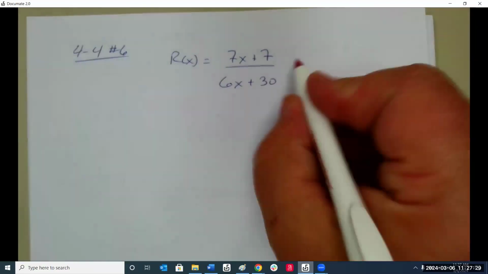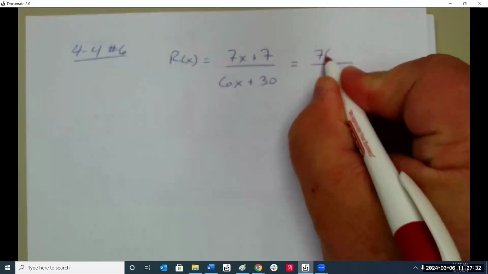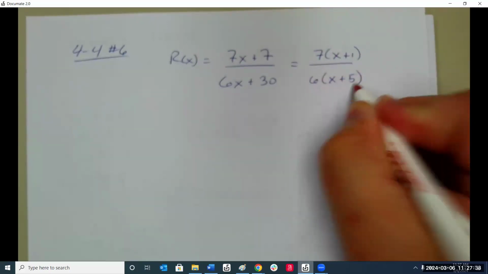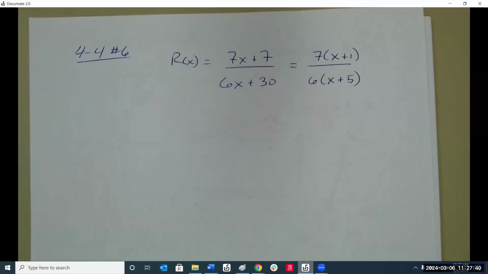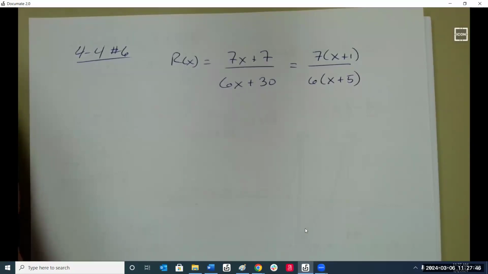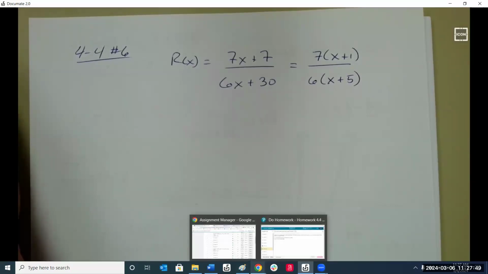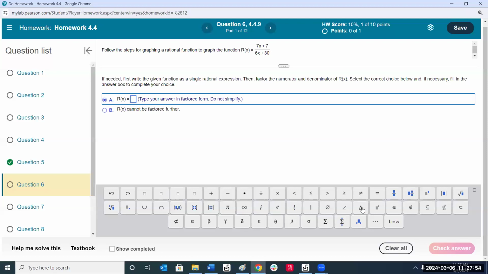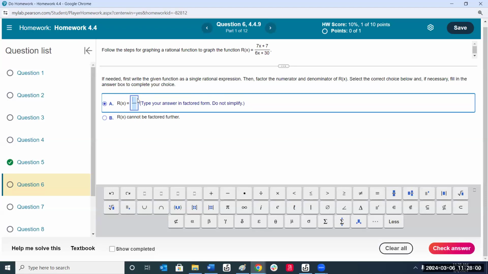So the first thing you have to do is factor it out: 7x plus 1 over 6x plus 5.